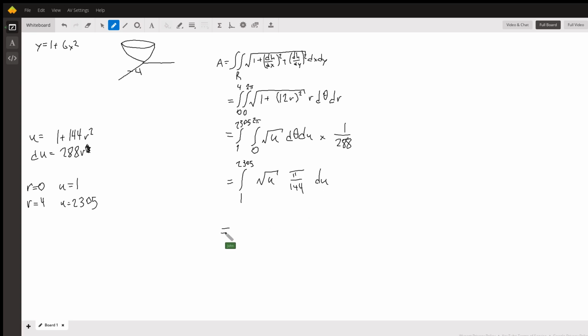And now we can finally evaluate this, and we get 2/3 times pi over 144 times u to the 3/2, evaluated at 2305 and 1.